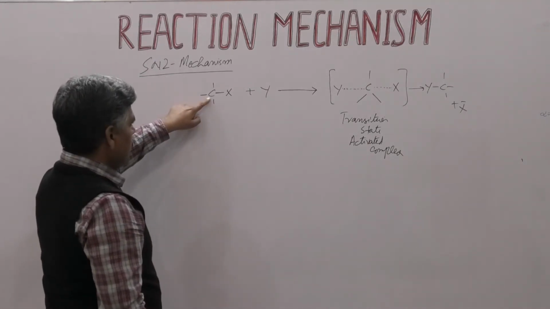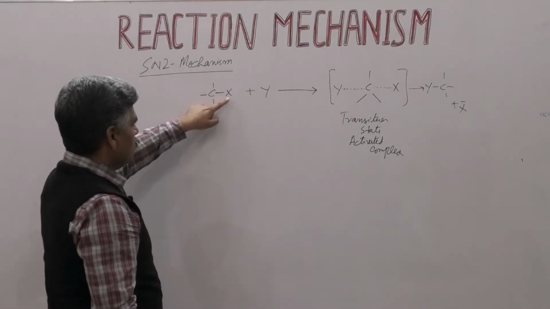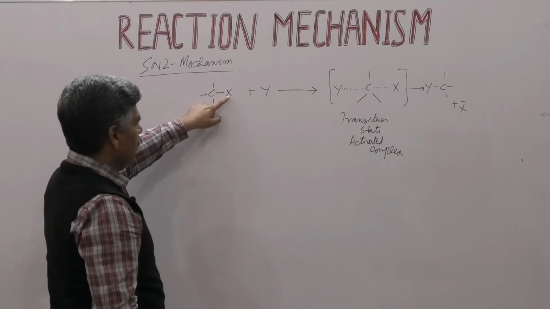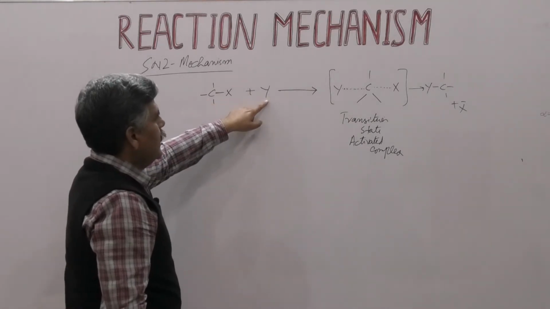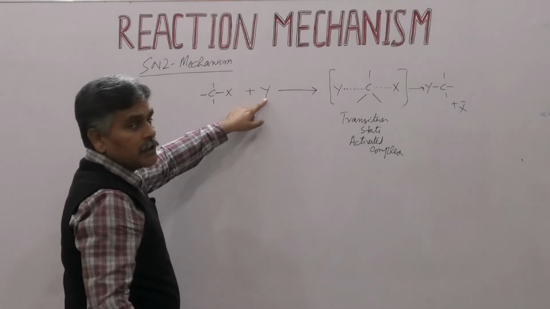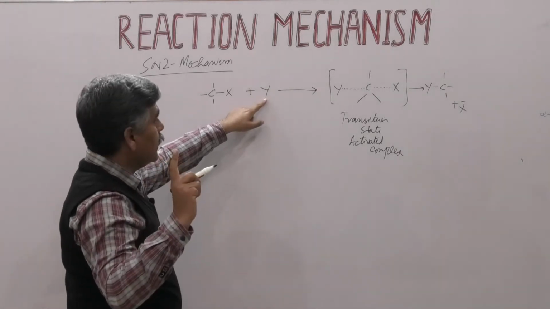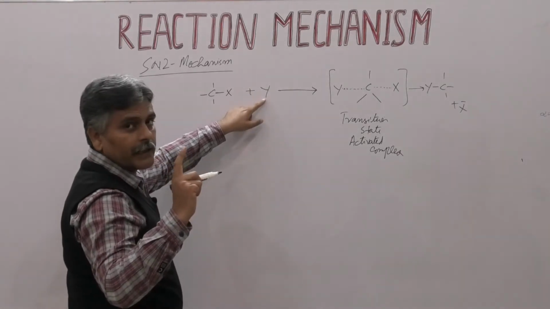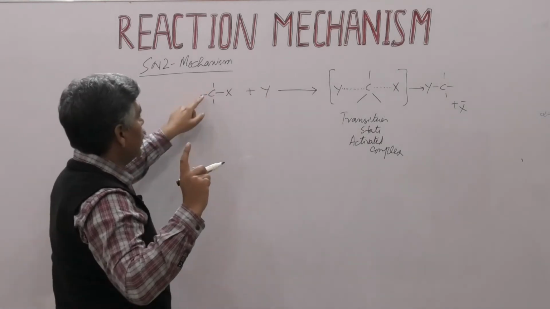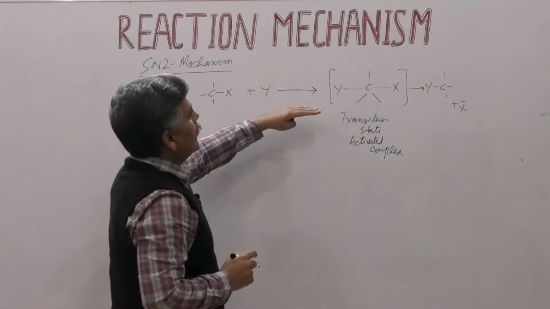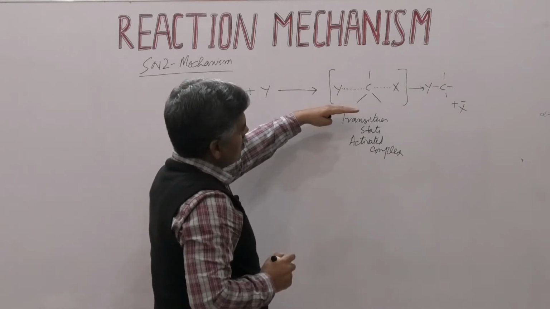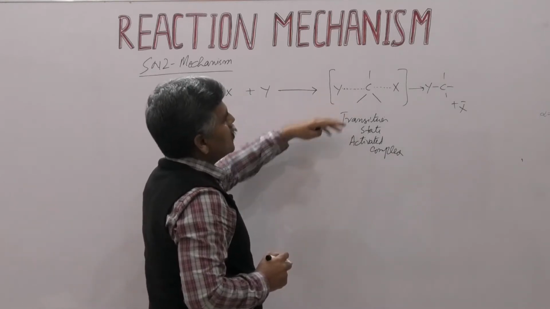This carbon is partially positively charged because it is attached to the electronegative halogen, and this Y is negatively charged, or possesses an unshared electron pair, so it must be electron rich, an electron donor. So it attacks from the opposite side, and here you can see the situation in which the transition state is formed.